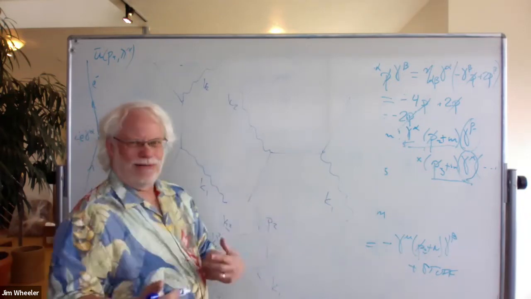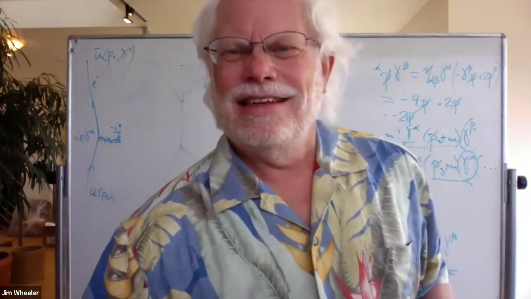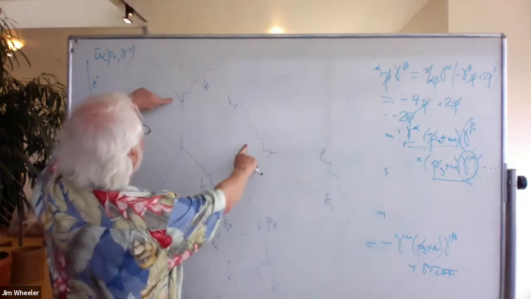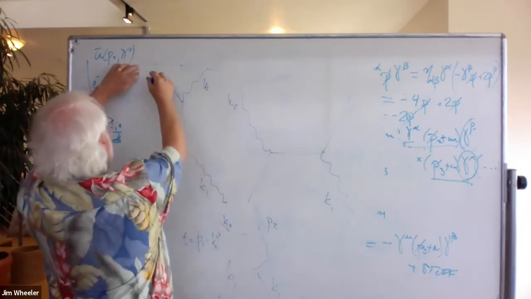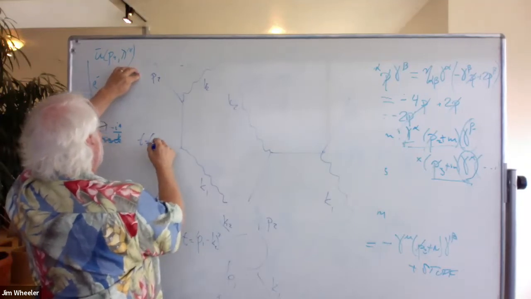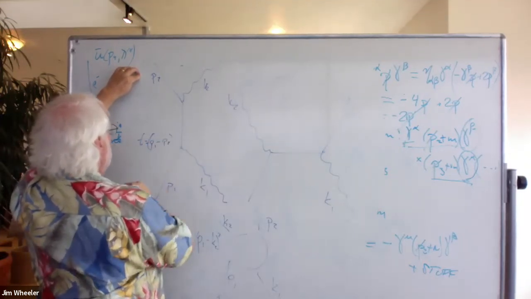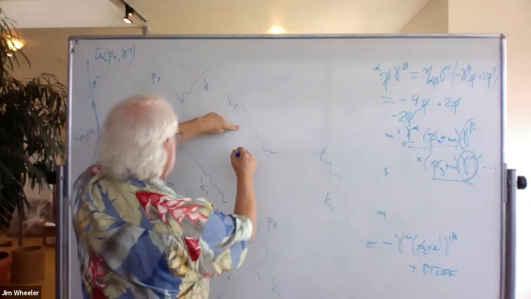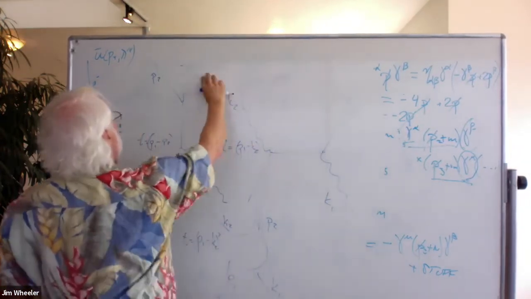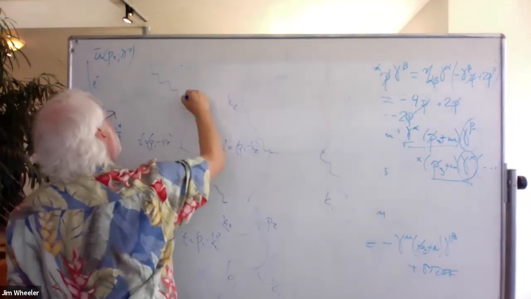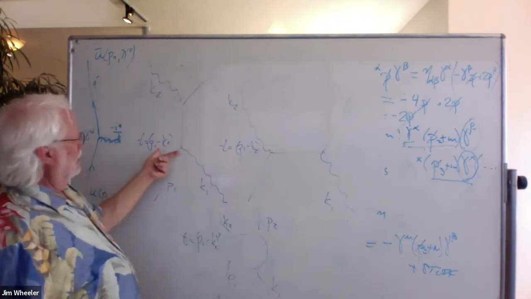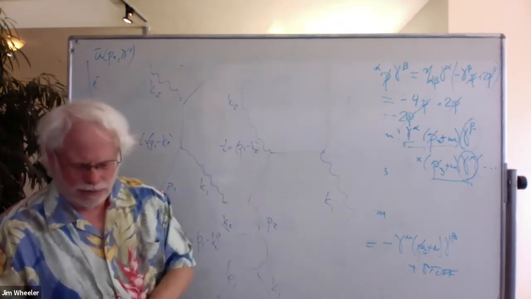Where you put these determines which one is T and which one is U. That's the issue, and this is going to come out wrong because here you would be calling this P2, P1, so that T would be the magnitude squared of P1 minus P2, whereas here T would be P1 minus K2. So what you want to do is flip these, make these the same, so that you have K2 coming out here, and then these two end up both being P1 minus K2.